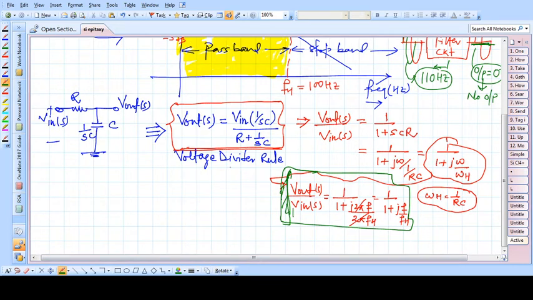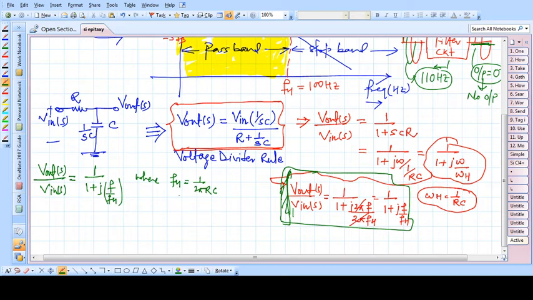So the final expression for this circuit is V output S by V input S, which is simply 1 by 1 plus j f by fH, where fH is 1 by 2 pi RC.